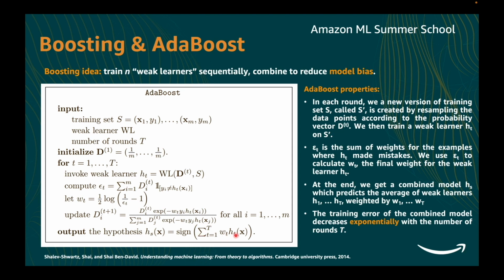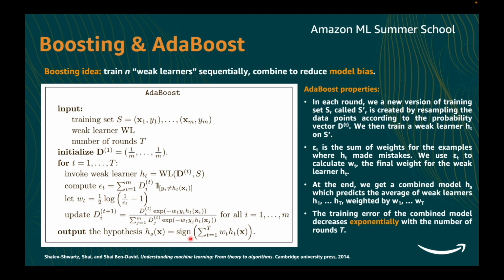This will give you a value which you pass to the sign function. The sign function is just, if it's positive, it gives +1. If it's negative, it gives -1. If it's 0, it gives 0, or arbitrarily, it can give +1 or -1. So this is the overall AdaBoost procedure.